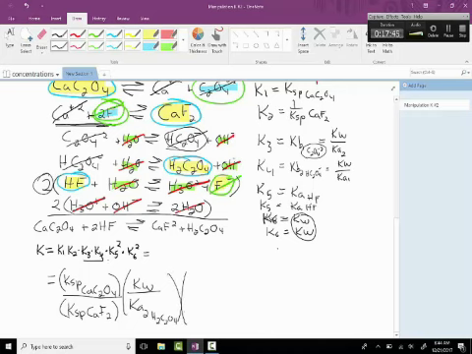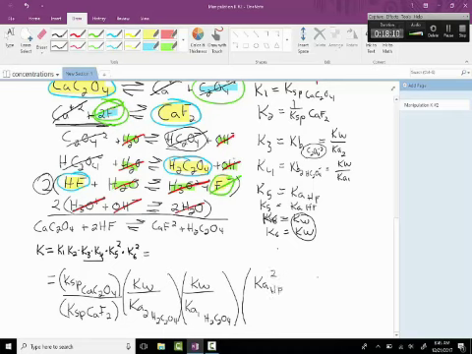K4, that's where I'm up to right now, is KW divided by Ka1 of the oxalic acid. And K5 is equal to the Ka of HF. And I've got to square it.